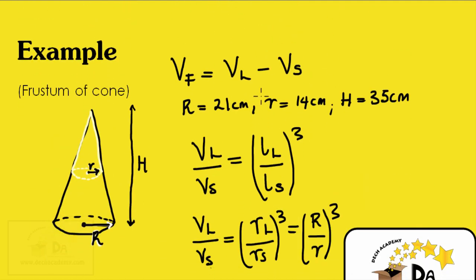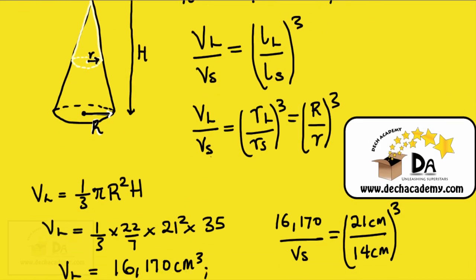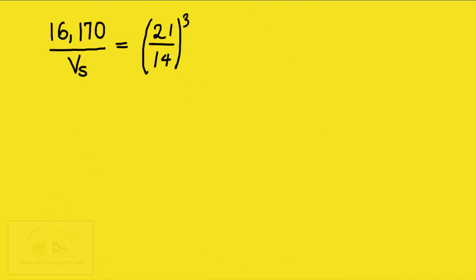So radius of the small cone is 14 centimeters. So the volume of the large cone, that's what this is, divided by the volume of the small cone is equal to 21 over 14 all cubed. And that's equal to 21 cubed divided by 14 cubed, which is equal to 27 divided by 8. So this is something you can work out using a calculator.